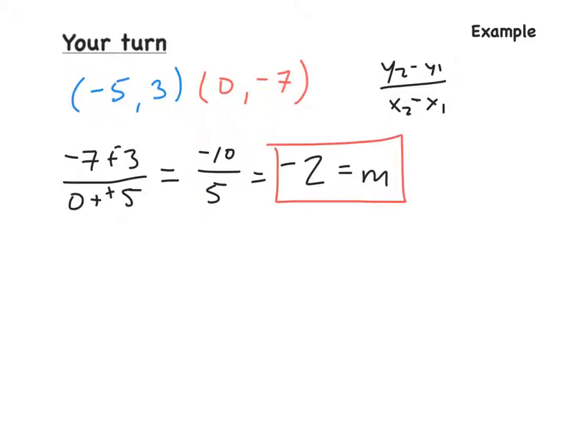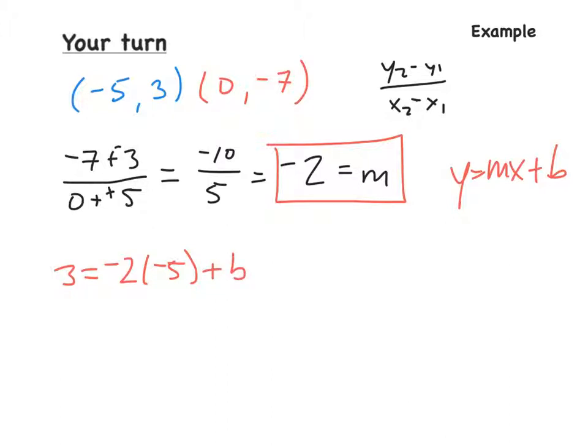So negative 2 is our slope. Now we have to find the y-intercept. You can pick either one of these points. I'm just going to pick the first one. So if we have our equation, which is y equals mx plus b, our y is 3, our m is negative 2, our x is negative 5, and we're solving for b.